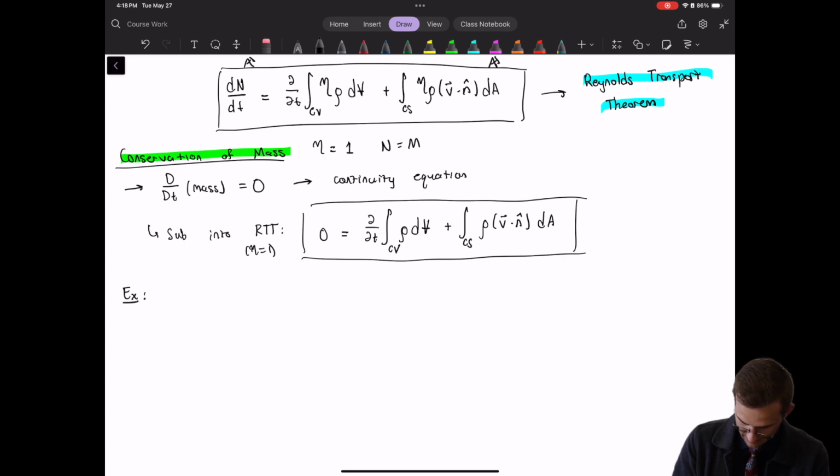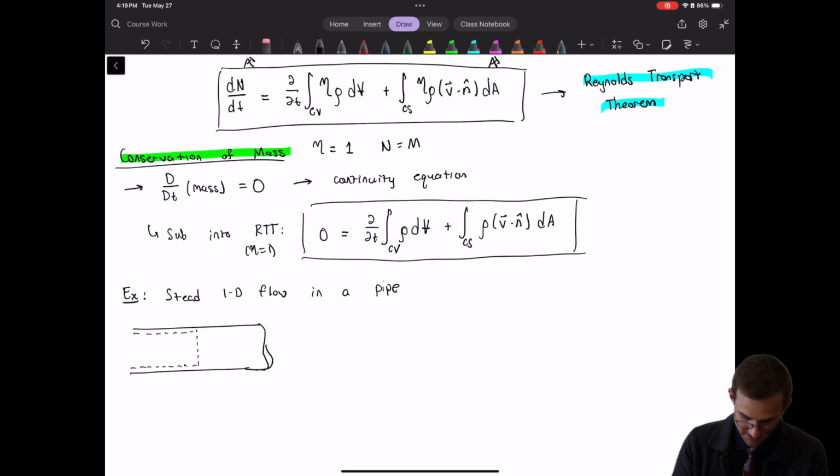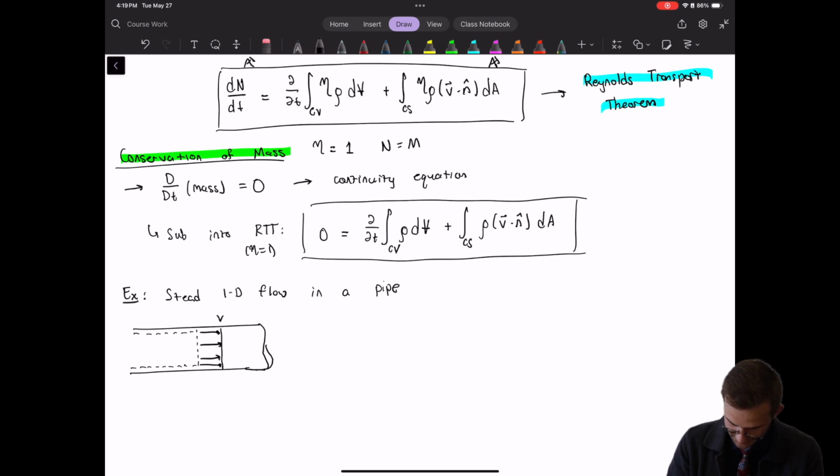Say you have steady 1D flow in a pipe, and we have our pipe right here, and we define our control volume in the following way, where the left boundary is just sort of far off in the distance to the left, and then at the right boundary here we have a uniform velocity profile at a magnitude of v, okay? And we have a known cross-sectional area A.